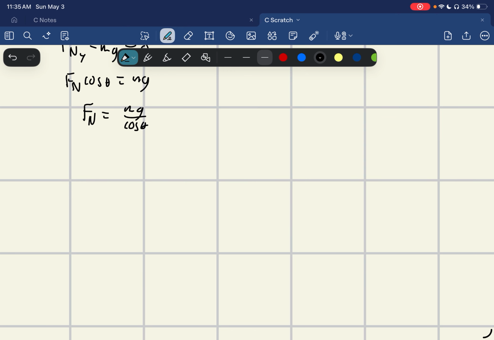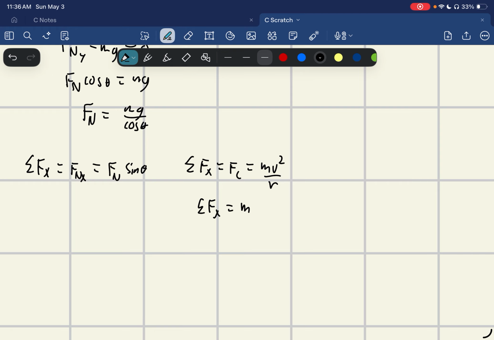Okay. Net force in the x direction is equal to F_nx, which is equal to F_n sine theta. But we also know that net force in the x direction is equal to F_c, which is equal to m v squared over r, or little r, I should say. But then we can break v up into m times r squared omega squared divided by r, so you're left with m little r omega squared.